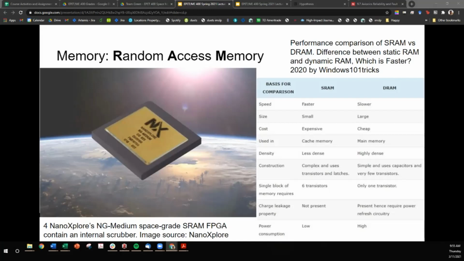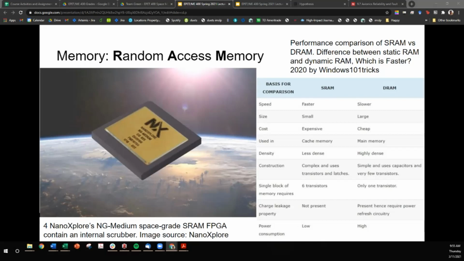Dynamic RAM is extremely common in personal computers, like flash memory. So here you'll see a comparison of static RAM and dynamic RAM. Static RAM is faster, typically smaller, more expensive.